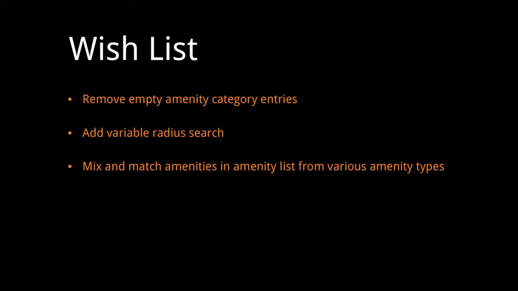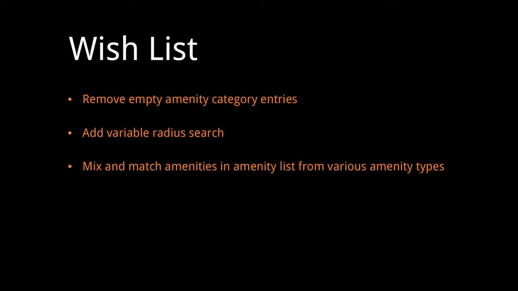But as I discussed in previous videos, the Yelp API has some type of issue when you're trying to actually specify a specific radius. Like, you specify 2,000 meters around a specific property and it's still giving you amenities that are 50, 100 miles away. So I would like to see a way to actually implement a search radius outside of the Yelp API.